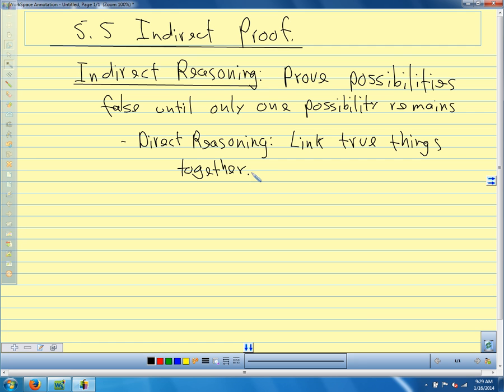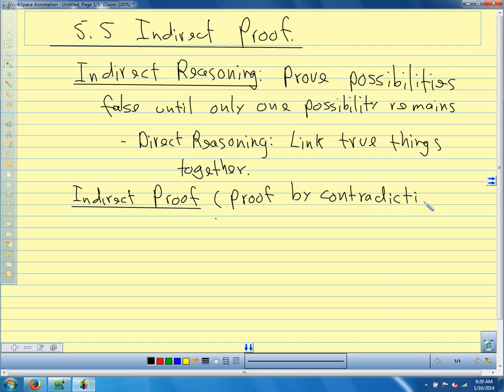What we're going to do with indirect reasoning is what we call an indirect proof. The other name that you'll see, let me put it in parentheses here, is a proof by contradiction.